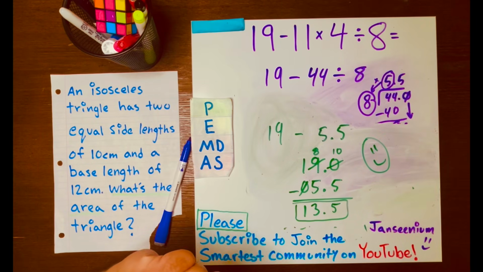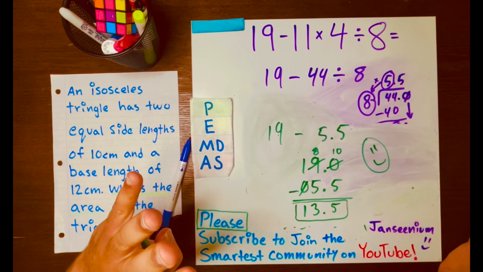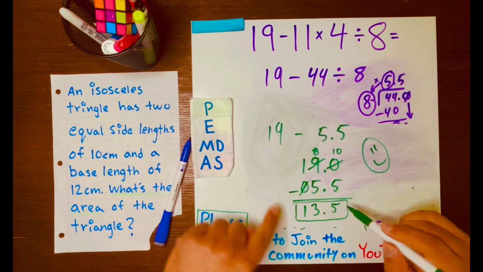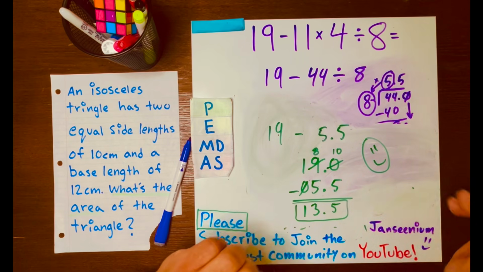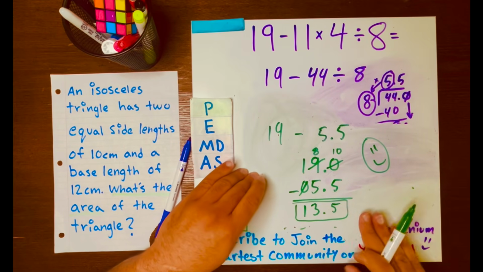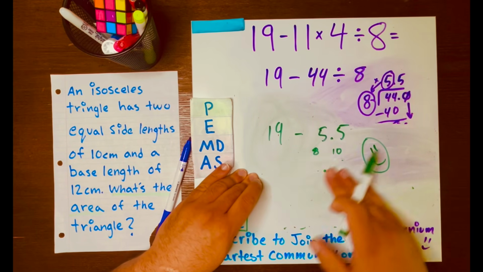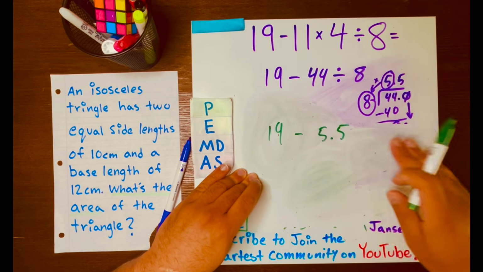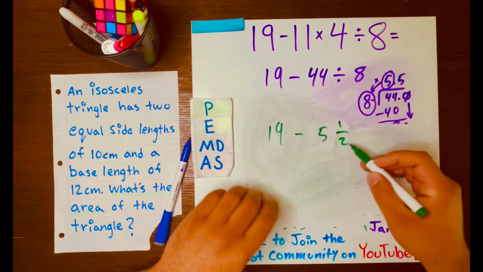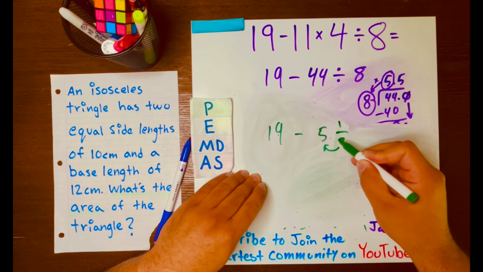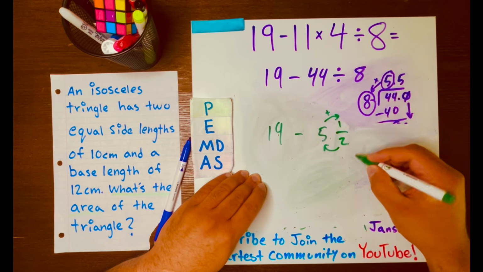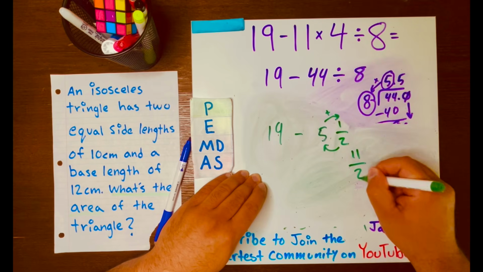Also, what else did I miss? Something I missed. Oh, if you want to get the mixed number answer to this, let's see how we can do that. So we have 13.5 as the answer. Oh, this is what you got to do. So you got 1 over 2, and then you multiply 5 times 2, that's 10, plus 1, that's 11 over 2.